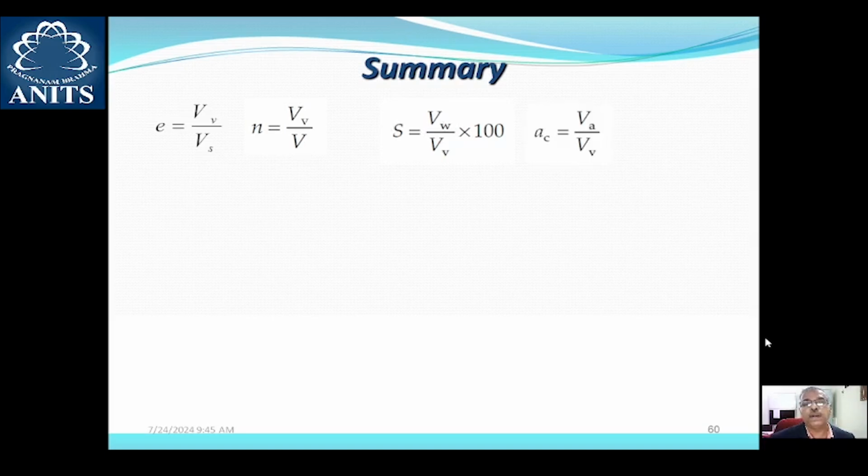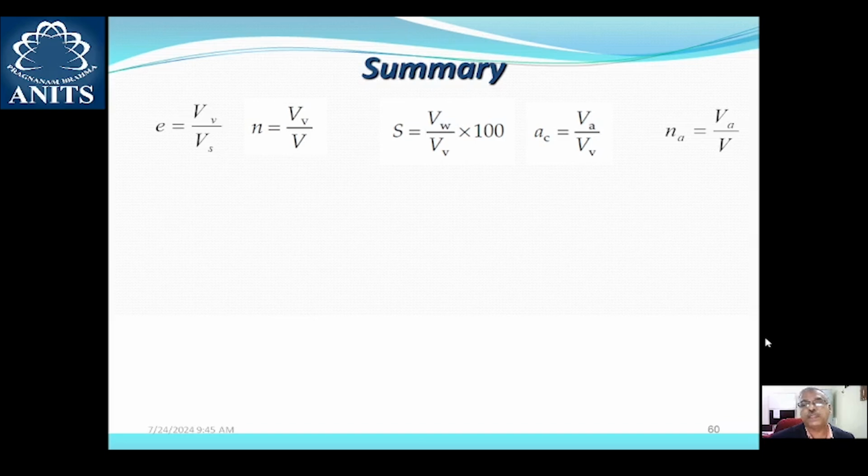For degree of saturation S and air content AC, the denominator is the same. In degree of saturation, the volume of water is expressed as a proportion of the volume of voids, and in air content, the volume of air is expressed as a proportion of the volume of voids. The sum of degree of saturation S and air content AC is equal to 1.